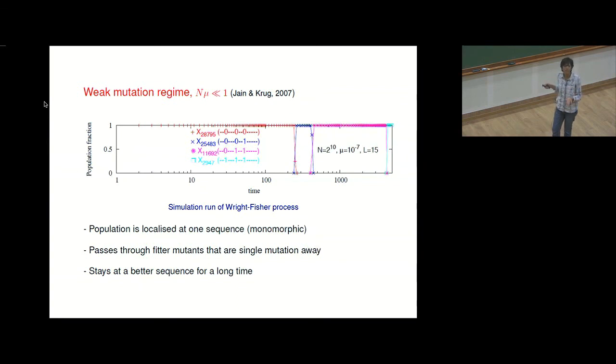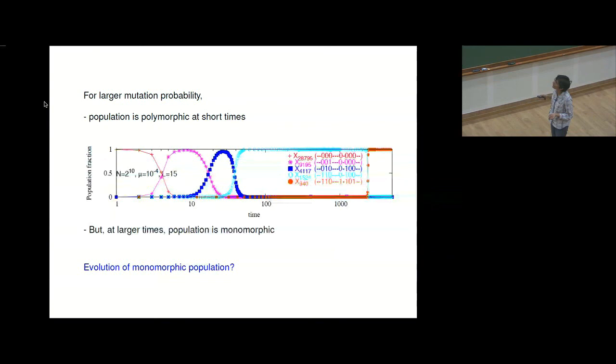Okay? If I increase the mutation, it's a bit more complicated. So again, the red ones, and they got lost. Mutation happened here. So it rose, it didn't really stay at frequency 1. And while this one was going up, there is a better one, the blue one arose, and tried to go up.